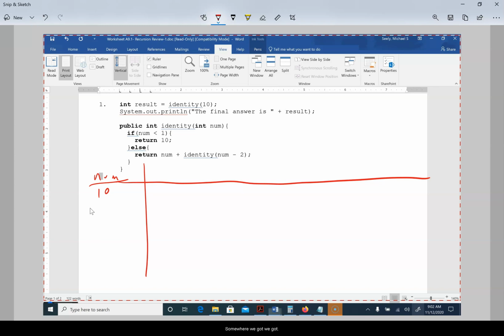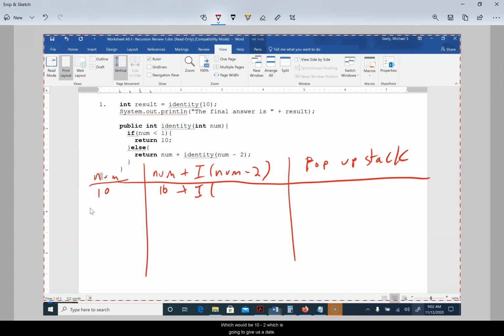We got num plus, instead of identity, I'm just going to use uppercase I, num minus 2. And this is where we pop up the stack. Okay, so we got 10 plus I of 10 minus 2, which is going to give us 8.